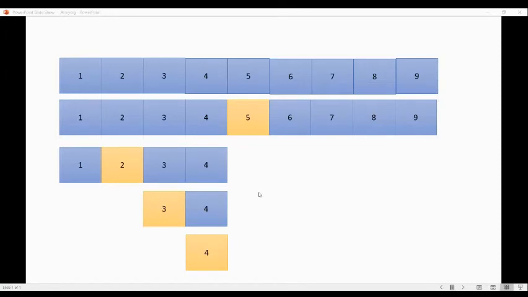Finally, in the last subdivision, we have found the main element, that is 4. Thus, you can see that we didn't have to compare all the 9 elements just to find element 4. And this has helped us decrease the number of comparisons. At each step, the array which we have to search is being divided by half.